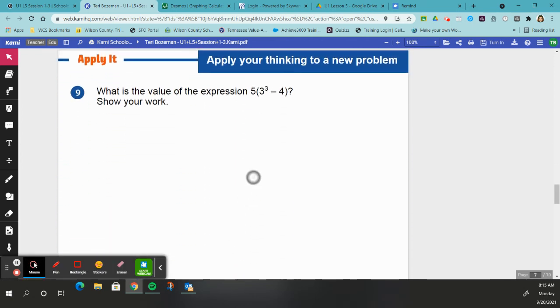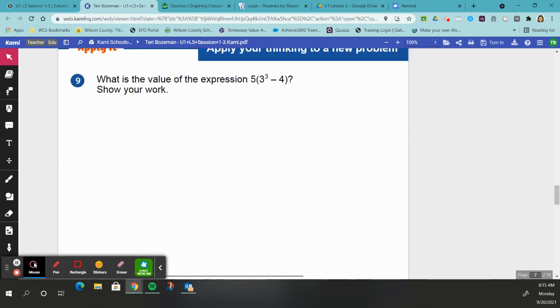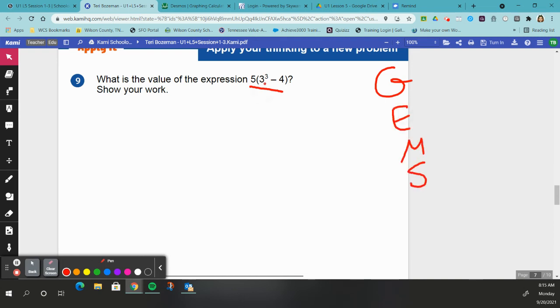Let's take a look at number 9. What is the value of the expression 5 times 3 cubed minus 4? So we're just following order of operations with this expression. They give us an expression, follow order of operations. So GEMS. We do the exponent first. 3 times 3 would be 9 times 3, because we have to multiply 3 times, right?